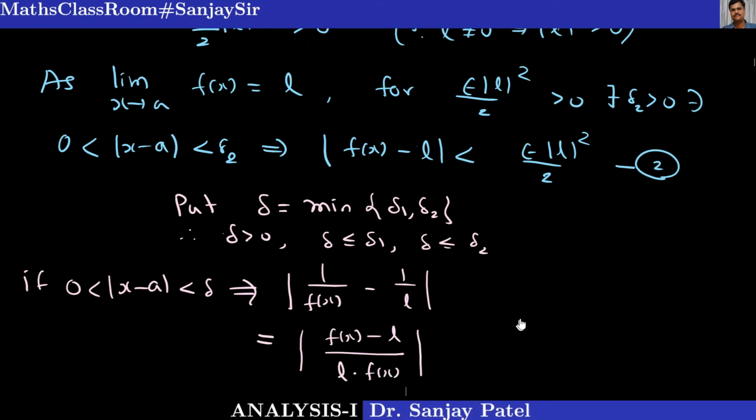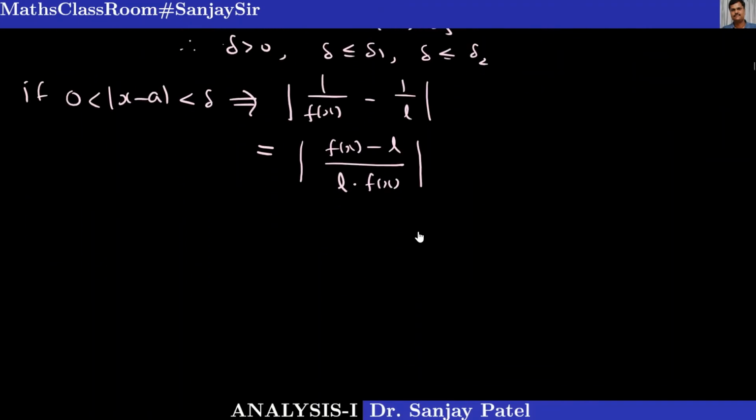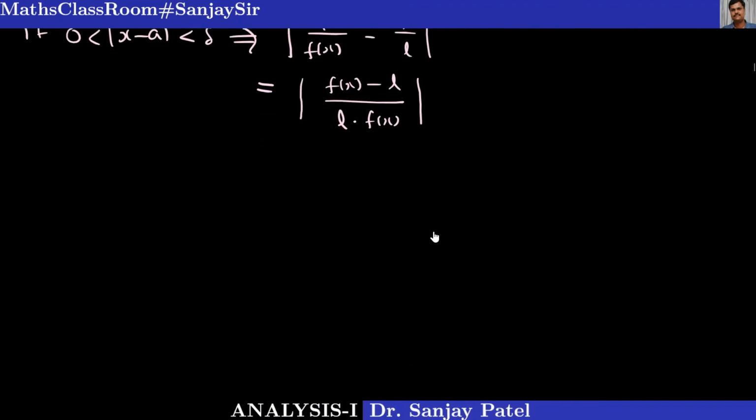And this still we can write, say this is less than 1 upon mod L into 1 upon f of x, which is less than 2 upon mod L into mod of f(x) minus L. Let me write this way because of result number 1.